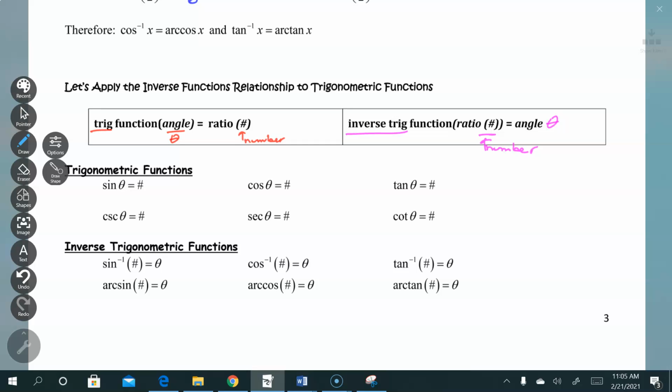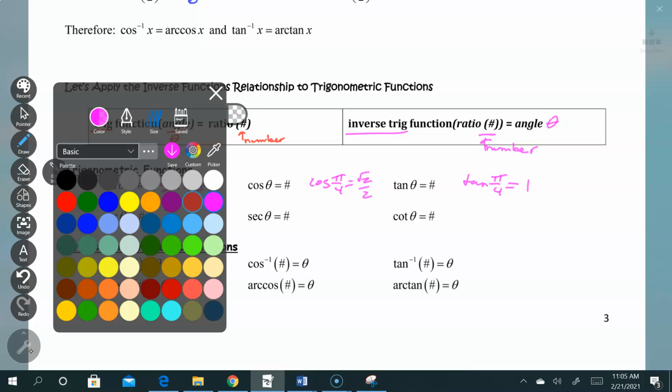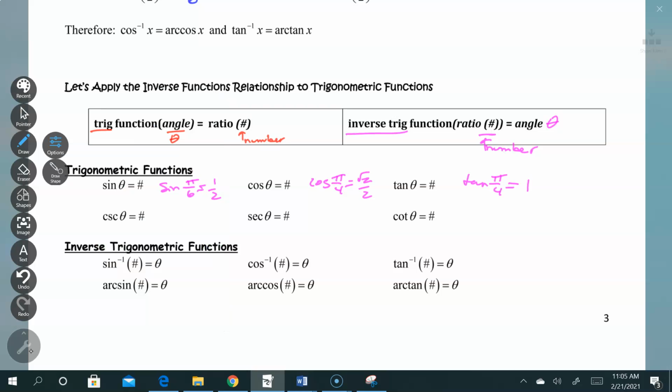So when I do sines of angles, I get numbers such as sine of an angle pi over 6 is equal to 1/2, or cosine of pi over 4 is equal to radical 2 over 2, or tangent of pi over 4 is equal to 1. This is what I mean. Pi over 6 is an angle theta. 1/2 is a number or a ratio. Pi over 4 is an angle. Radical 2 over 2 is a number. Pi over 4 is an angle. 1 is just a number.